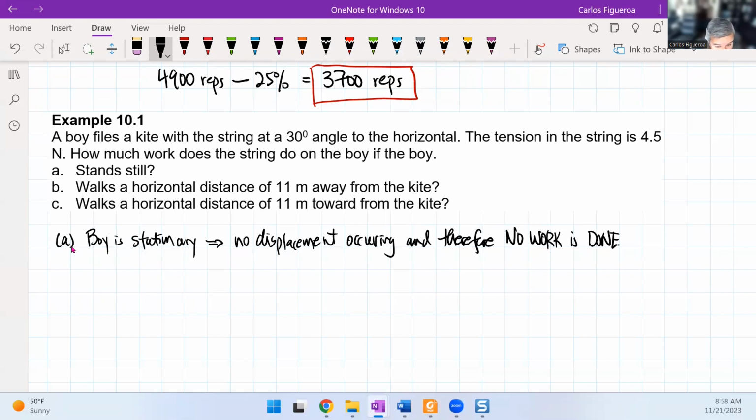So let's think about the boy with the kite. You could imagine that I have a situation that's going to go something like this. Here's our boy on the ground. And when you look at the boy here, you could imagine that he's holding the kite off in some direction.